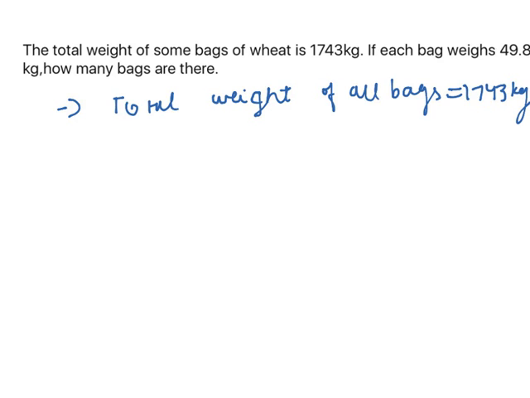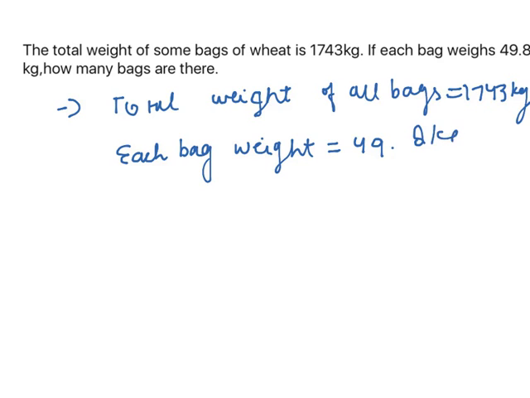It is given in the question. And we are also given that each bag, the weight of one bag, is 49.8 kg. So if we divide these two numbers, we will get the number of bags.